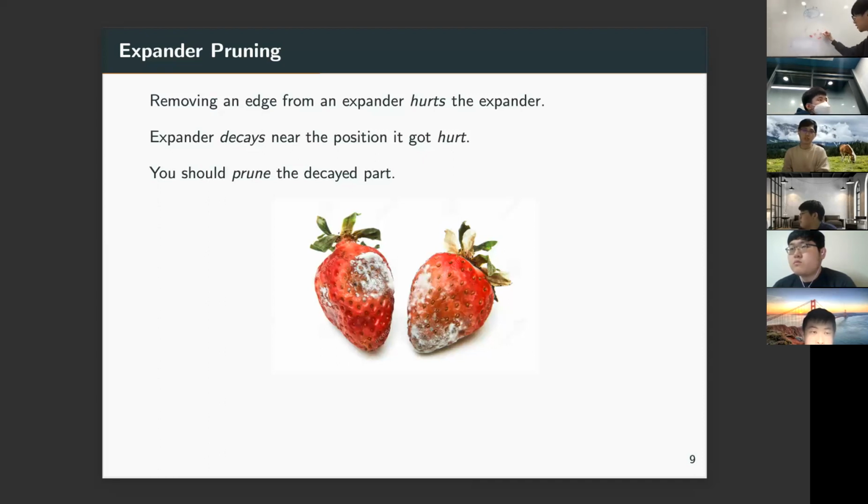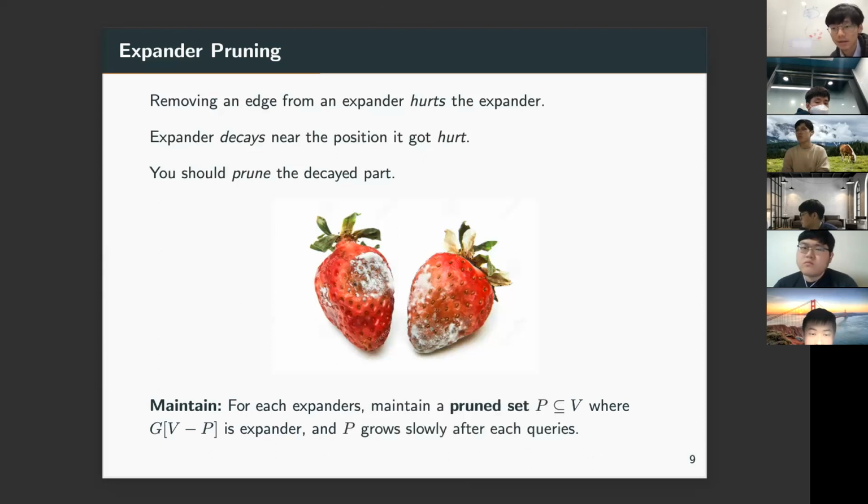You just identify where it gets hurt and you prune it. And if you prune it appropriately, you can maintain that the non-pruned part is an expander. So that's what expander pruning is.